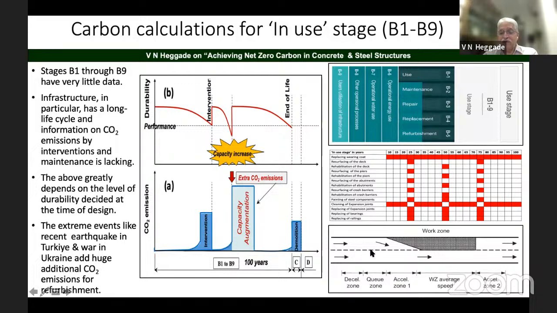Average speed will be reduced because of stopping and queuing. The additional carbon dioxide emission takes place because of the additional use of fuels, the renewable fuels or the fossil fuels. And because of that, again, additional carbon dioxide is emitted, which is called the user utilization carbon, the user's carbon.